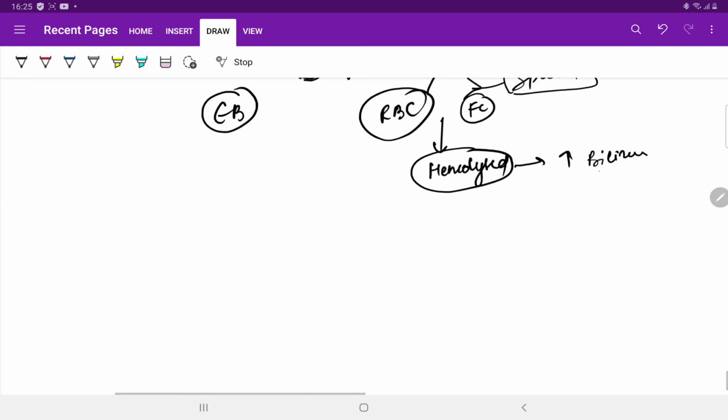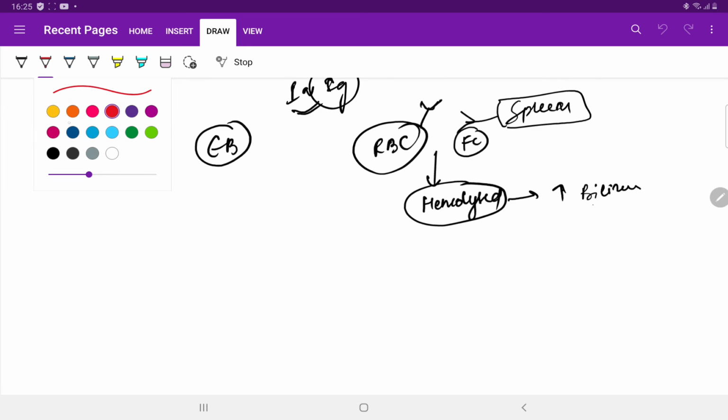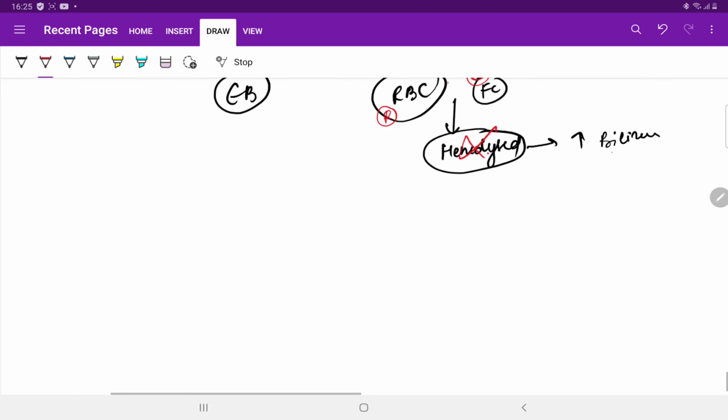so leading to a high amount of bilirubin, right? So what IVIG does is that it binds to the Fc receptor. It actually binds to this Fc receptor here, and then it prevents the spleen from identifying this antibody-coated fetal RBC, thereby preventing its hemolysis, right? This is how it works.